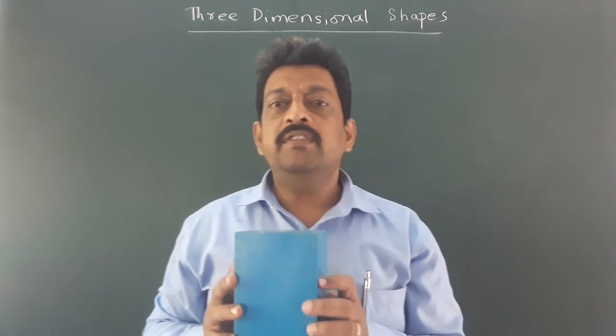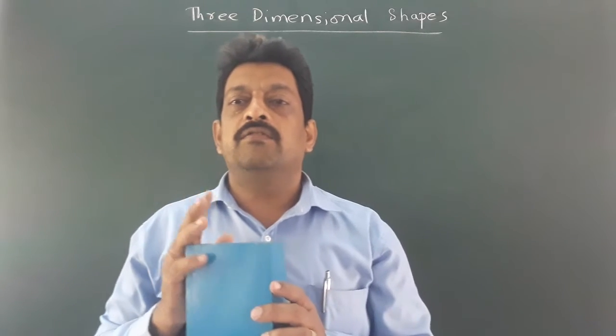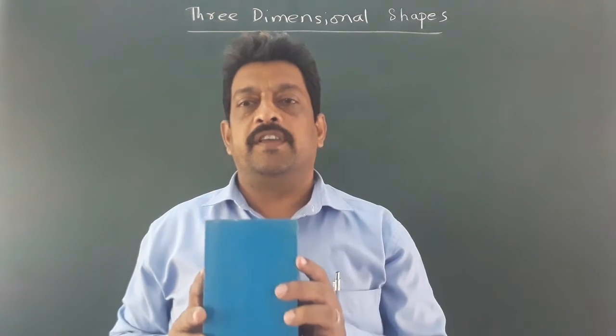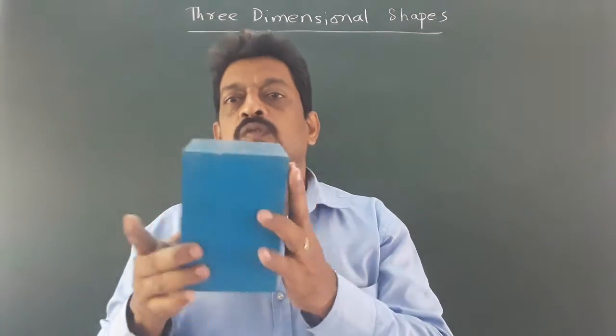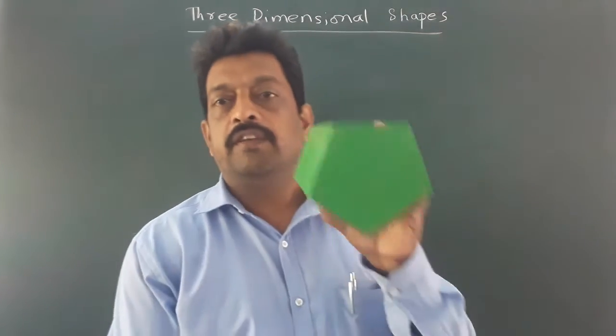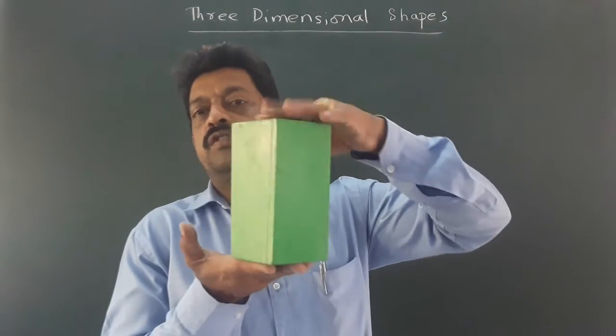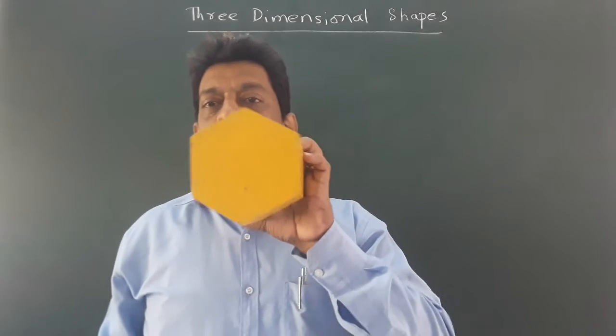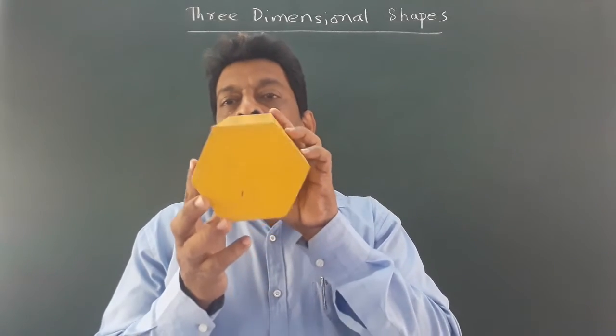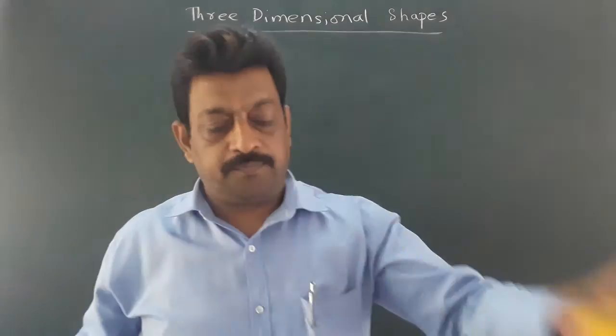Okay, a prism is named according to the shape of the face. Here the face is a square, so it is known as square prism. Here the face is a pentagon, so this is known as pentagonal prism. Here the face is a hexagon, so it is known as hexagonal prism.